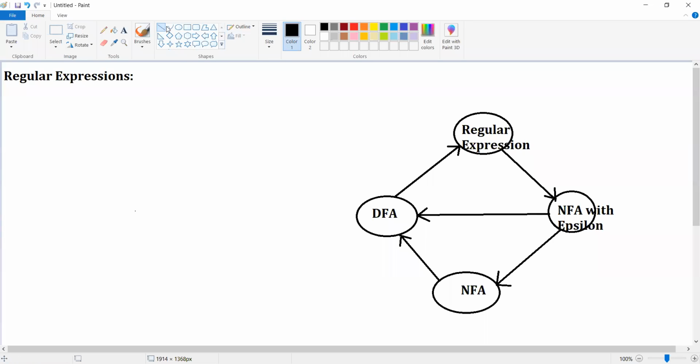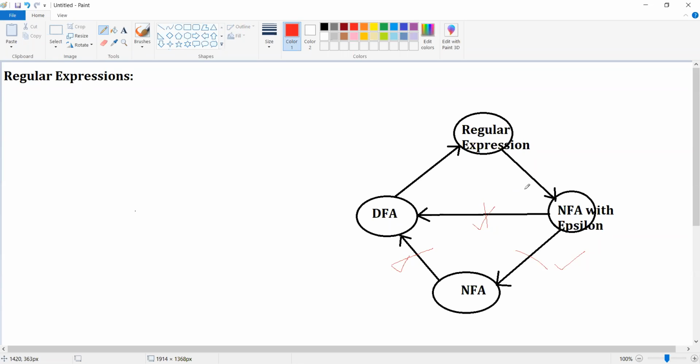Out of all these topics, what we have finished so far are NFA epsilon to NFA conversion, NFA to DFA conversion, and NFA epsilon to DFA conversion. These three parts have already been finished in our first unit itself.